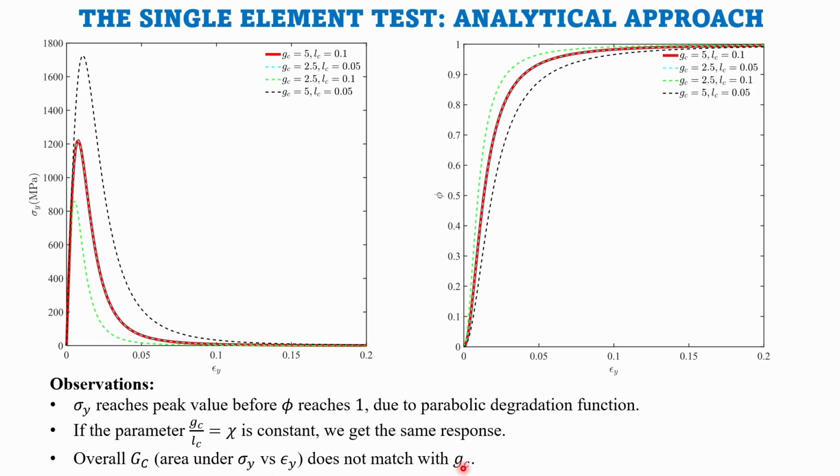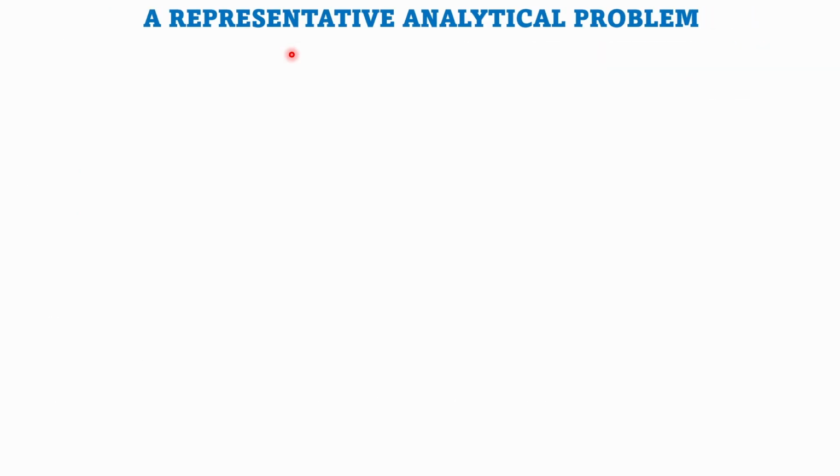It does not match with small GC. Small GC means the material GC. So if you take this red curve and calculate the area under it, you will see that the area of this curve and this GC will not match. So there is a mystery behind it that we will discuss.